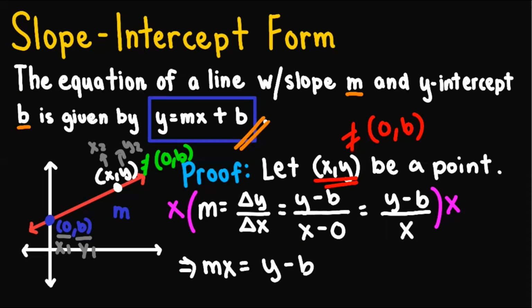And by this time, you might probably figure out what we'll do next. We'll simply be adding b both sides to obtain y equals mx plus b.